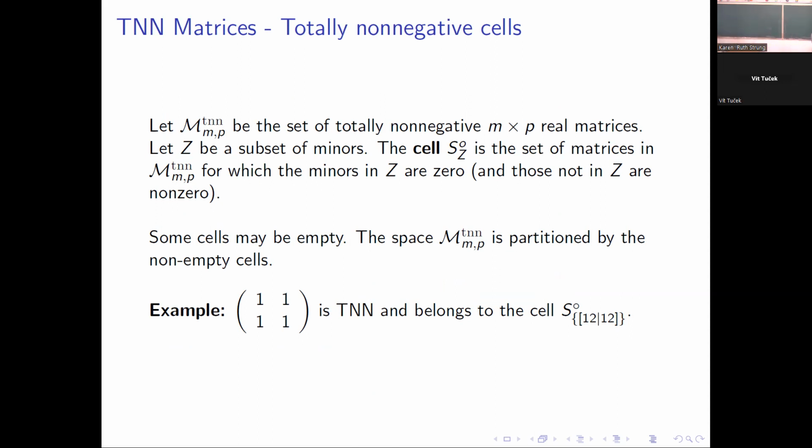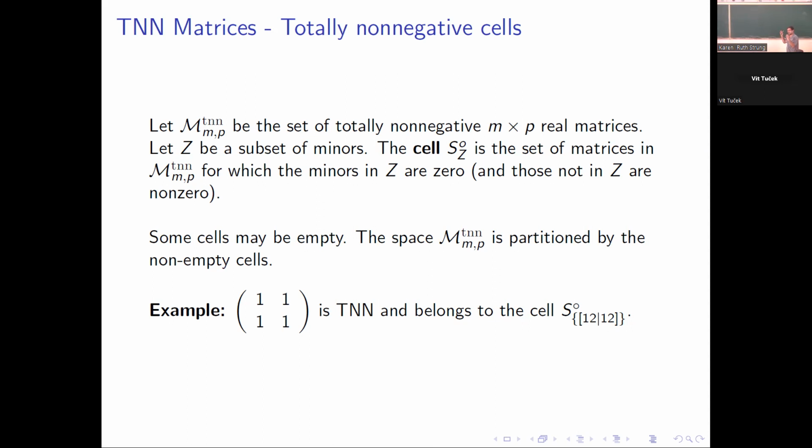So I give myself some notation here. I use this to denote the set of m times p matrices which are totally non-negative. And you can form a partition of this by defining cells. Each time I'm giving myself a set of minors Z, I can look at the set of matrices which are totally non-negative, and for which the minors coming from Z are 0, and all of the other ones are non-zero.